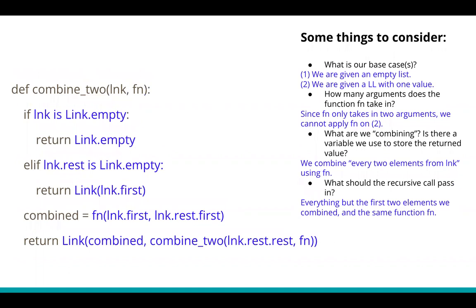So we're combining the first 2 elements that we have in the list. And then we return Link(combined, combine2(link.rest.rest, fn)) because we're adding on the combined part. And then we're making a recursive call on the rest of the list starting from rest.rest because we've just processed the first 2 elements in the linked list. Does anyone have any questions?